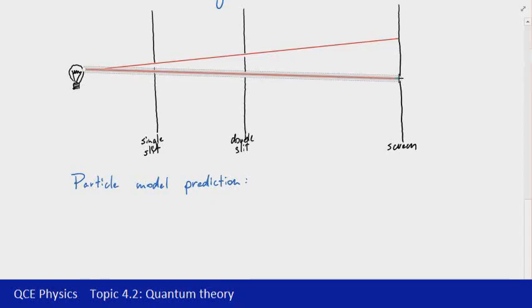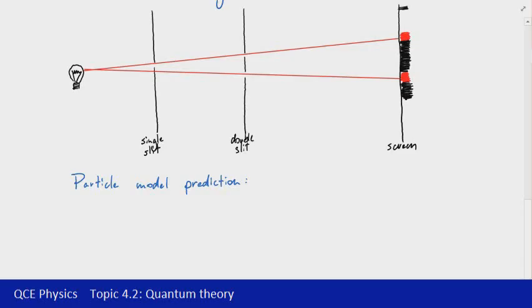It could travel through the other slit and then produce another band, another bright region on the screen over here. So on the screen what we'd expect to see is a bright region in that vicinity, another bright region in that vicinity, representing where the light travelling through the slits lands, and then everywhere in between would have been dark, and everywhere outside of that would likewise have been dark.